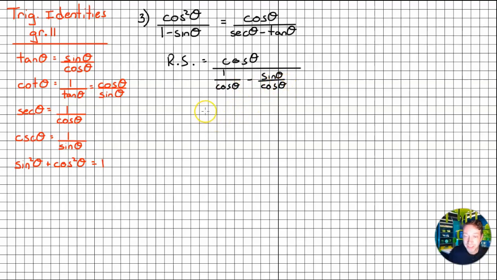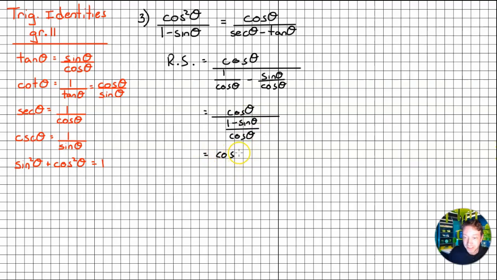Now that's already 2 fractions with a common denominator, so let's just put those together. So we have 1 minus sine theta over cos theta. Now what I can do with a fraction is instead of dividing by a fraction, I can multiply by its reciprocal.